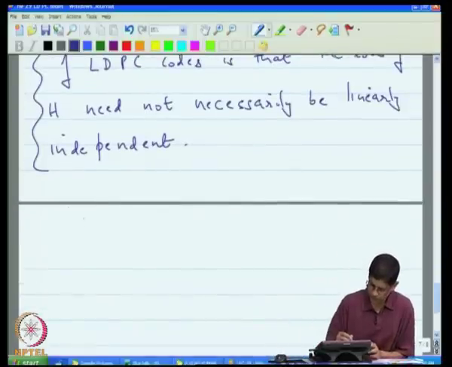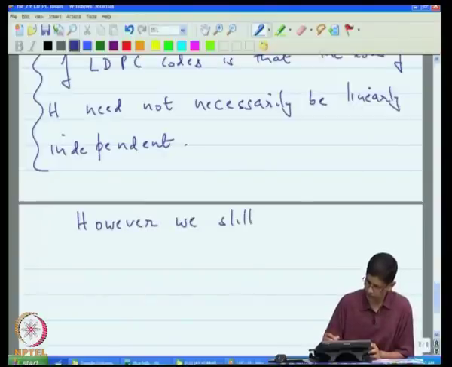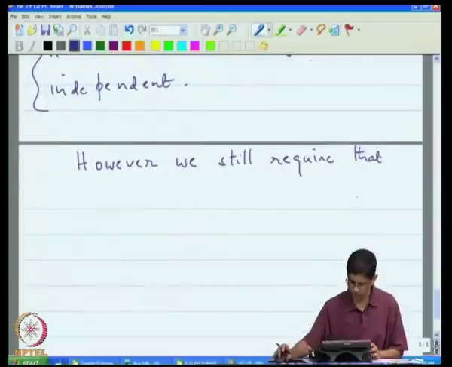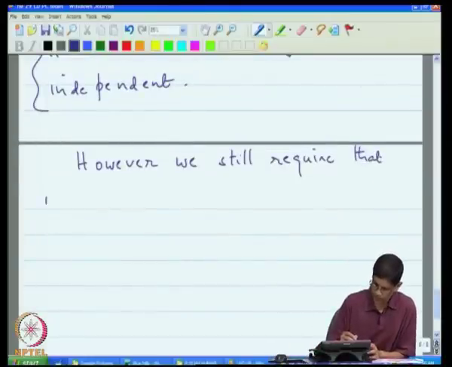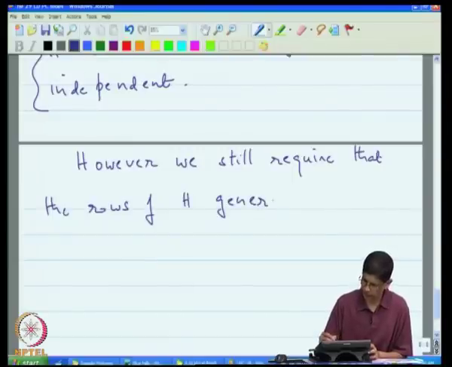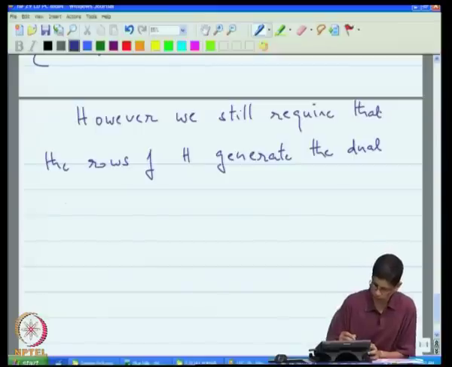However, we still require that the rows of H generate the dual code.